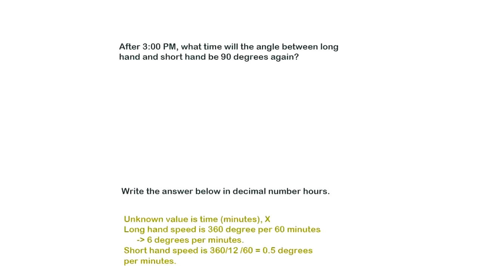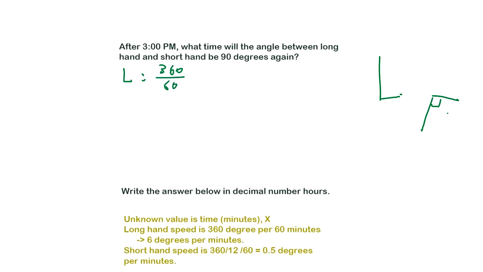After 3 p.m., what time will the angle between long hand and short hand be the 90 degree again? Okay, so right now it looks like 3 p.m. Then later 90 degree difference, okay? And the long hand speed is 360 over 60.